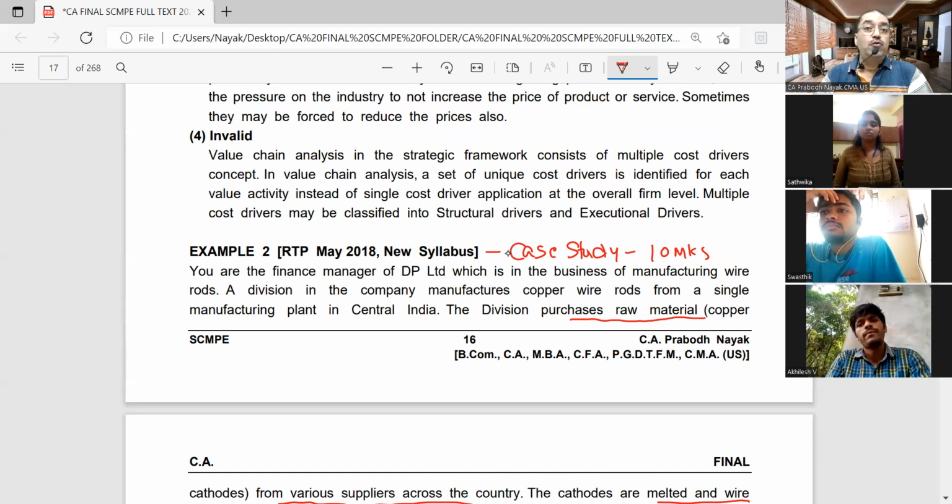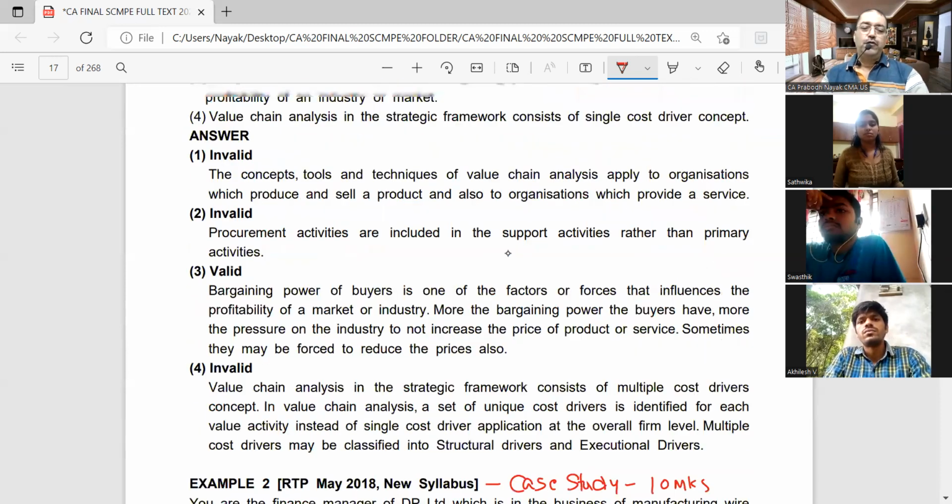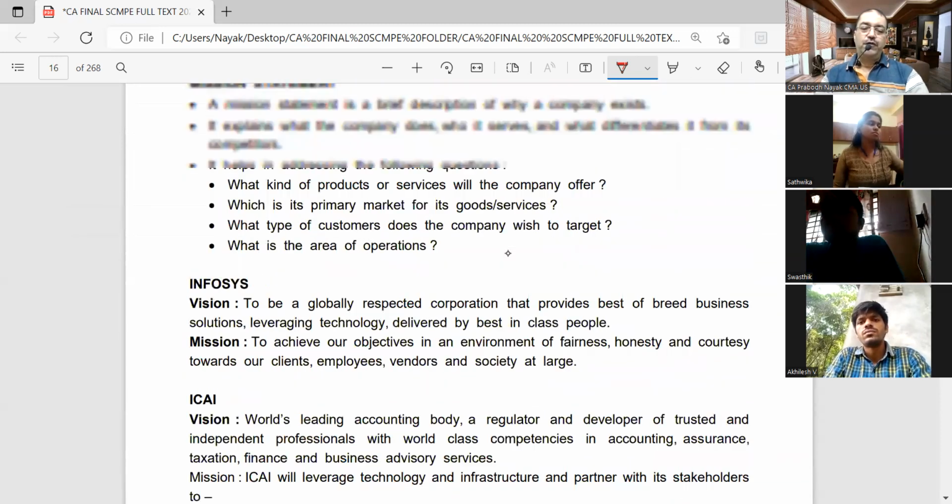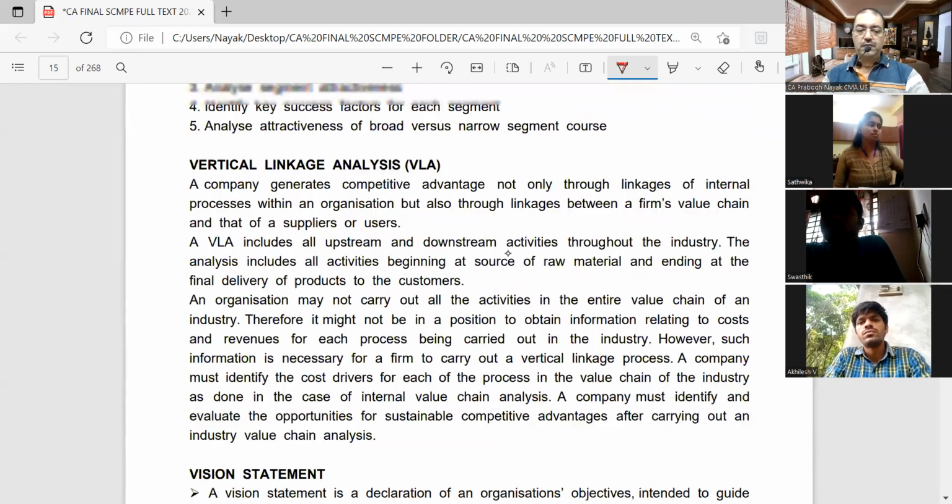So they want to know how you will do the second primary activity, operations. If it is a manufacturing concern, operations means conversion of raw materials into finished product. But in the service industry, you can't say that. So what you are going to write as operational activity is very important. We'll take up an example of a service industry also. Don't worry, we'll have different types of questions.